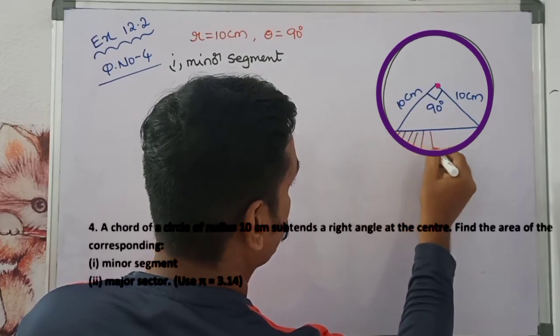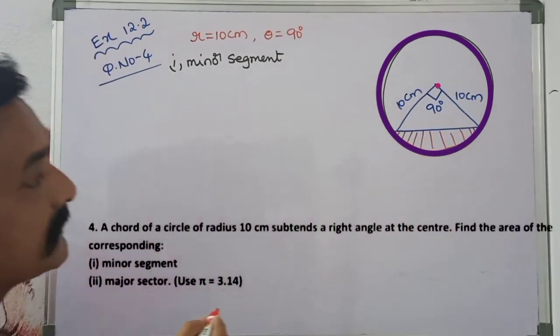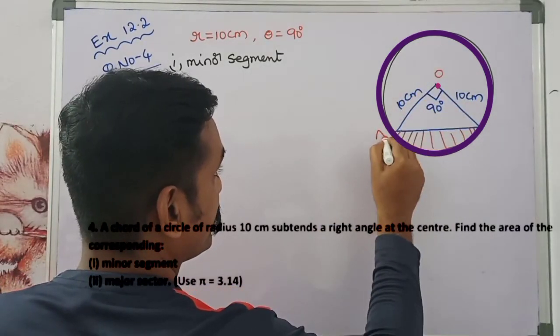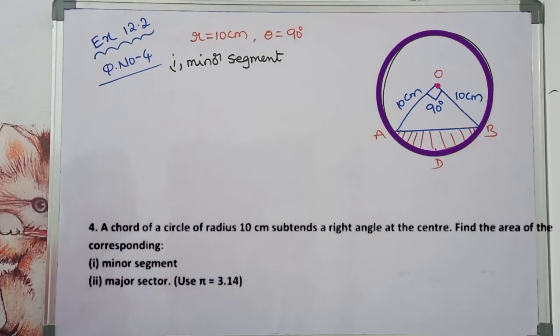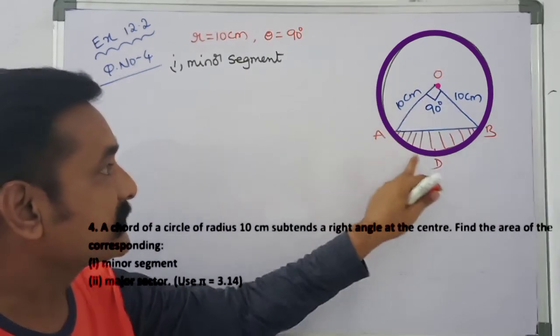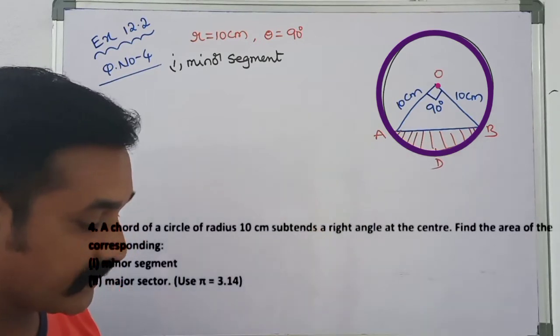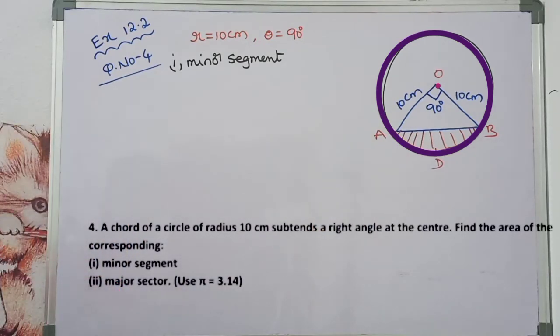So the region bounded by chord and arc of a circle is called a segment of a circle. If you give the names here, this is O, A, B and this is D. Now to find the area of the minor segment, from the area of the sector, if you subtract the area of the triangle, simply we can get the area of the minor segment.